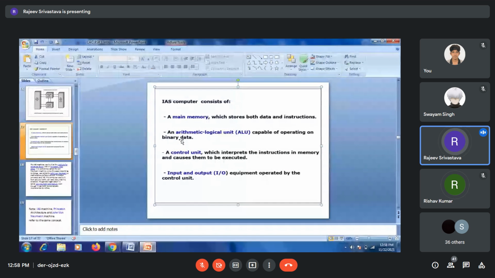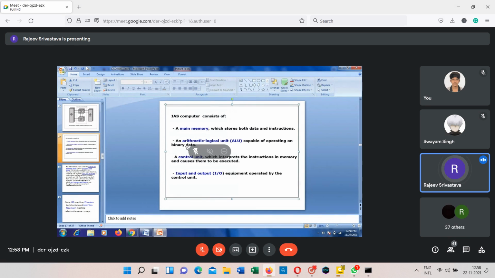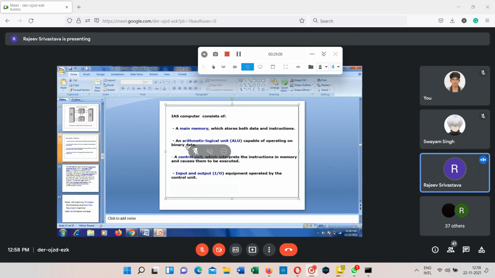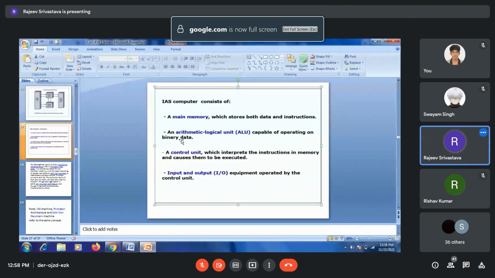So whenever we write any high level program, it has to be converted into machine language, so that the computer can understand the program. And that is why we have a compiler and an interpreter which convert the high level language program to the low level language program or machine language program. We have an assembler which converts an assembly language program to the low level program.